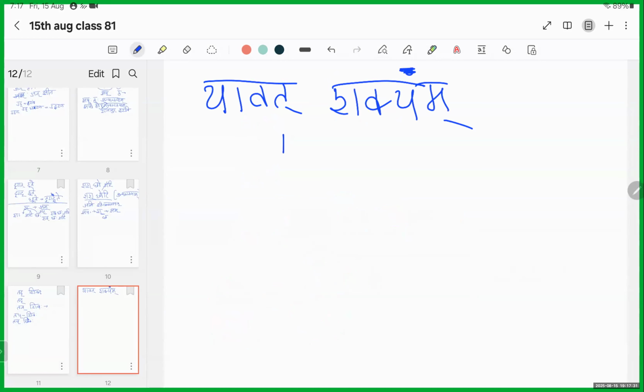First, Yavad. Correct? Then, Sha is following again. Char will apply or not? Come back to Takara. Correct? Yavat Shakyam. And if it gets replaced, what will you get? Shakyam. So what will it become?